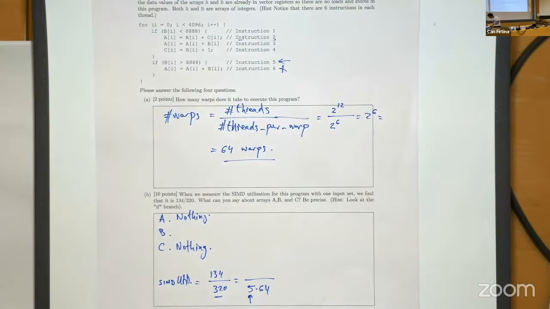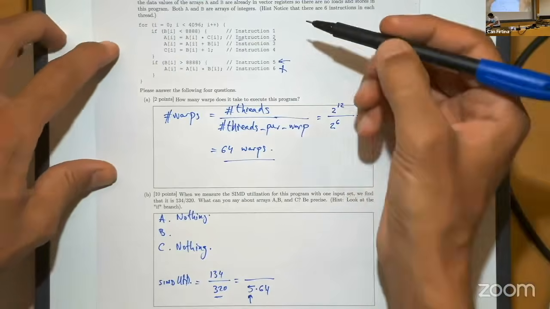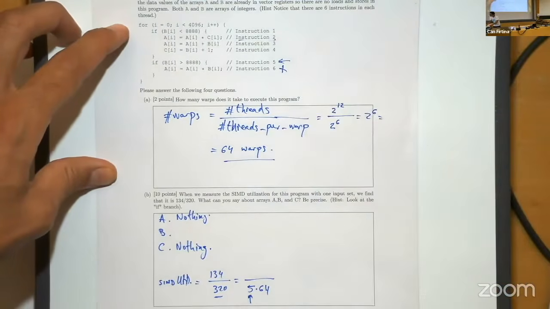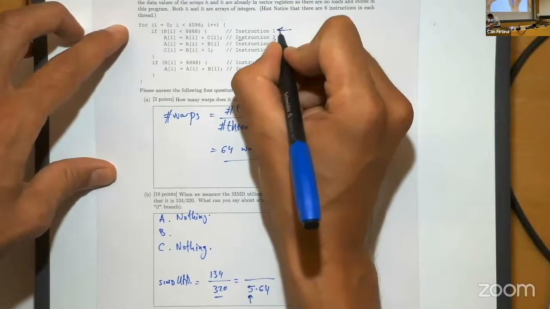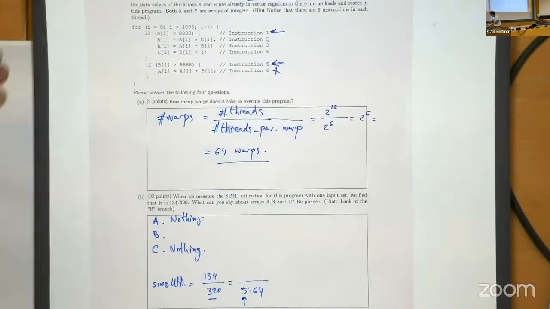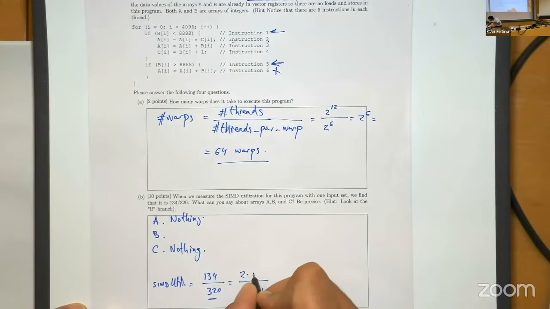Okay. Now I can also see that all 64 threads of the warp execute this one and this one, right? Because before deciding if you go to the body of the if statement or not, you have to evaluate the condition, right? So everyone does that. So this means that 2 instructions are executed by the 64 threads of the warp. And then there are 3 more instructions, 2, 3, and 4, that are only executed by some threads.